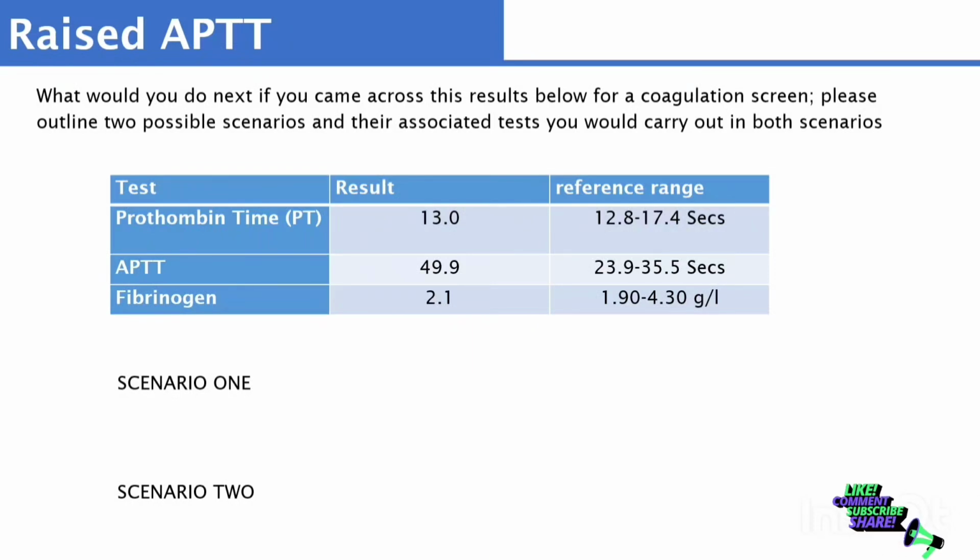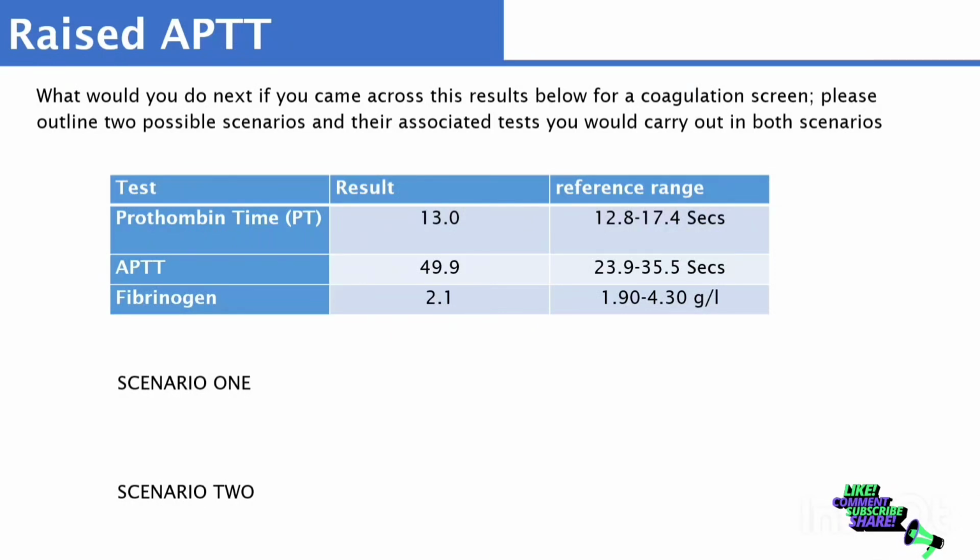The second scenario now is that we are considering whether it is a factor deficiency or an inhibitor. Like I had said in my previous videos, in that scenario we need to do mixing studies. The mixing study involves getting a control sample and the patient sample, mixing them together and repeating the APTT.